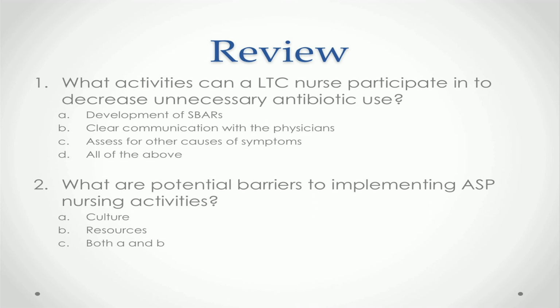So they need to be involved in all of those. And then the potential barriers to implementing a program of ASP nursing activities. We had talked about, it'd be A and B, the culture and the resources. So just changing our way of thinking a little bit from what it's been to what we're kind of heading towards, and then also, again, the limited resources that aren't available to many facilities.